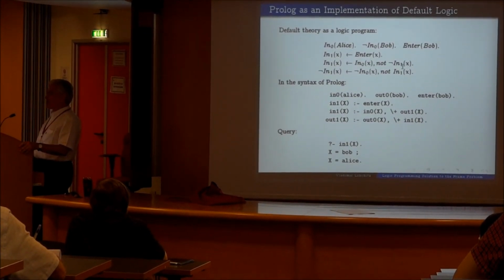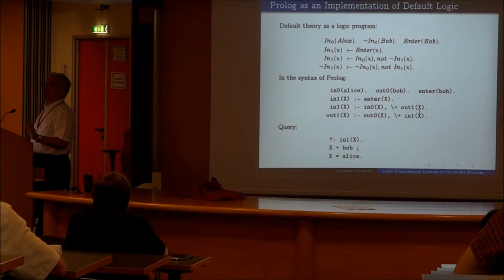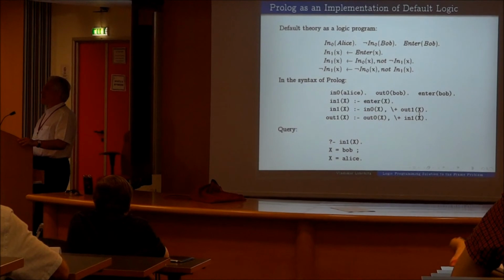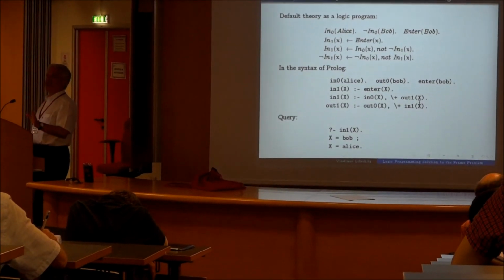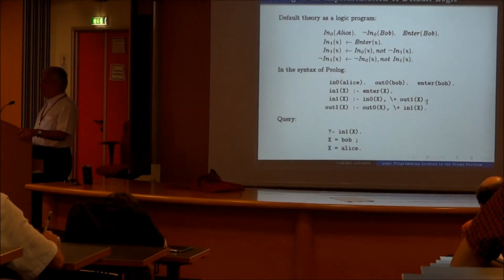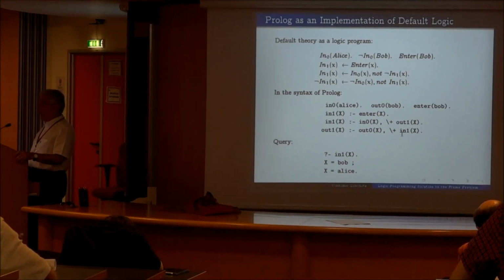Instead of the classical negation of in 1, we write out 1. There is a slight difference. Sometimes there are cases when the negation of a predicate cannot be simply seen as an entirely different predicate. But in this case, the difference is really not essential. You can think of the classical negation of in 1 as simply a new predicate.